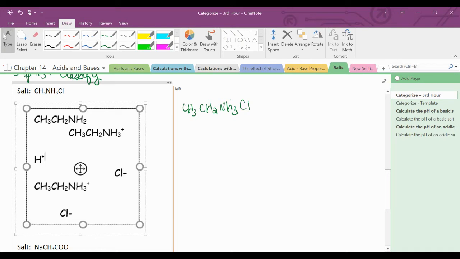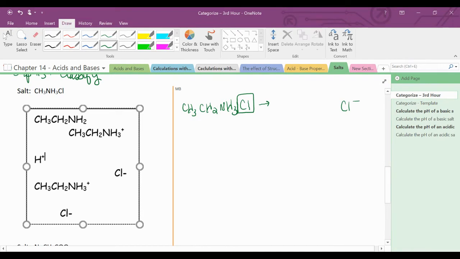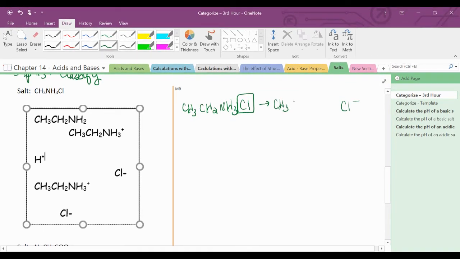And so we're going to write its dissociation equation. My anion is this chloride ion, and we're left with CH3CH2NH3, and that's going to have a +1 charge.